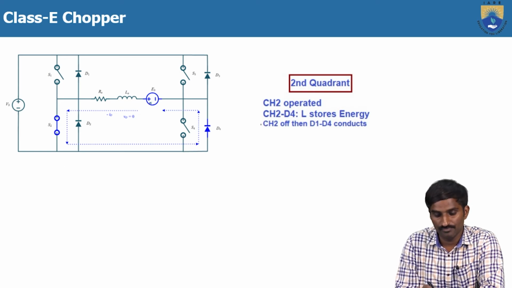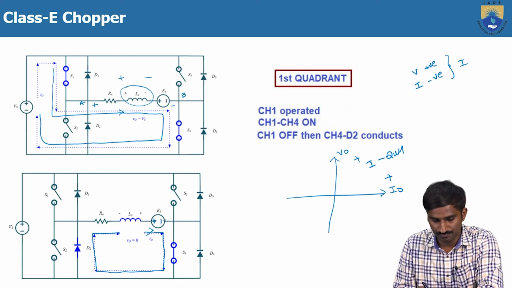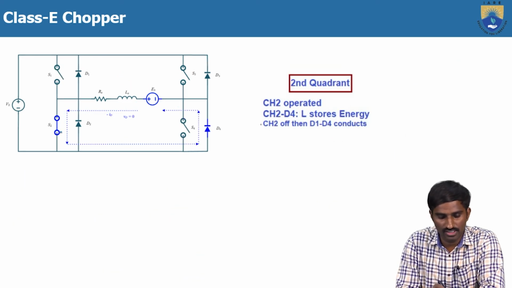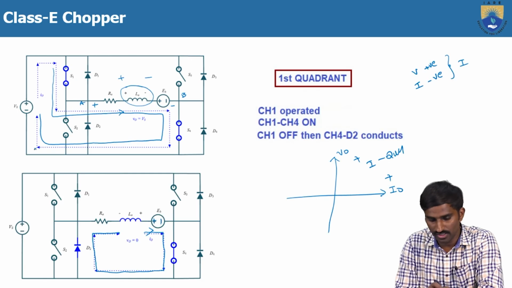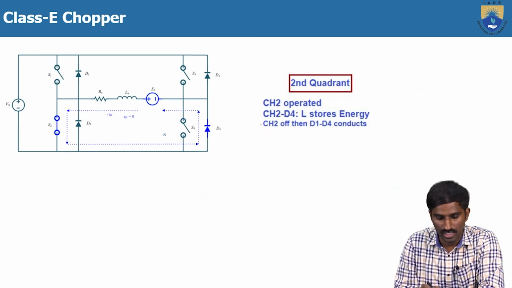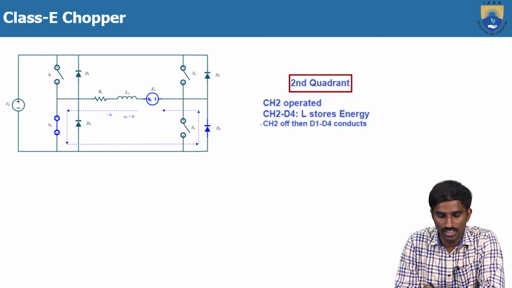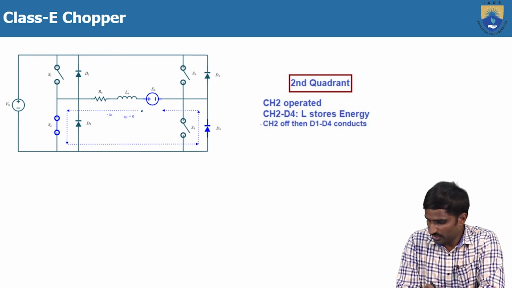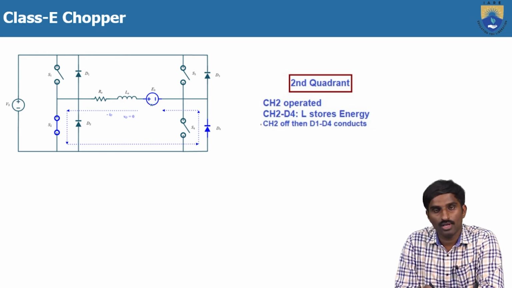Then the back EMF, as you can see here, is plus and minus. While switch S1 is operating, the back EMF is produced, and when we turn on switch S2, the back EMF ES will act as a source.